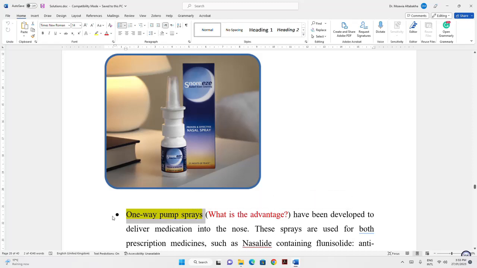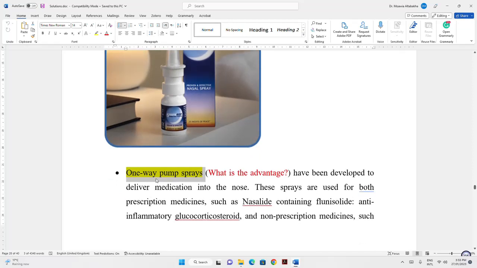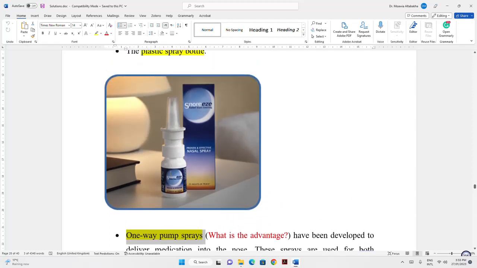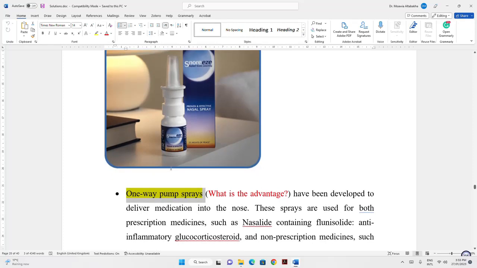And what this actually does, اللي هي ايش, it only allows the delivery of the medication without allowing secretion from the nose to get inside the bottle when it's de-squeezed or when you relieve it from squeezing. So the contents from the nose will not enter back into the bottle.